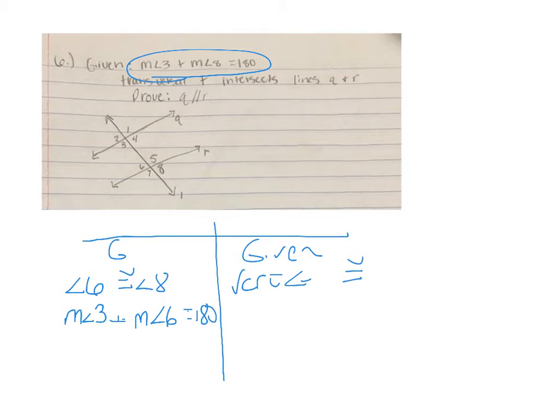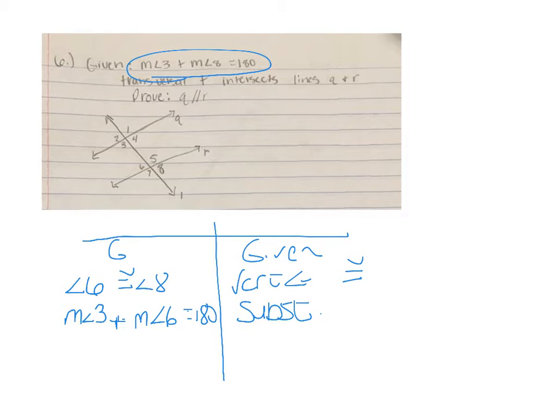Now if you do that, what you have just done is you have just substituted this angle 6 in place of the angle 8. Okay, so you would have had up here that statement and you just replace that. That's called substitution, when you replace things that are the same. You just substituted. All right, we're getting there.